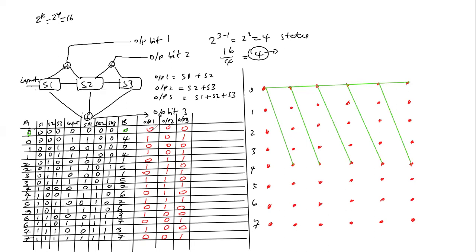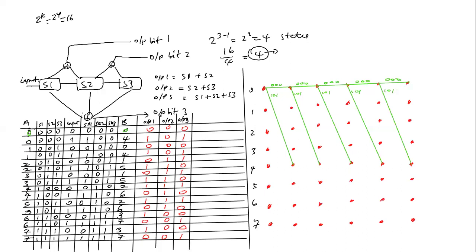The output for 0 to 0 is all zeros. Then from 0 to 4 is 101.